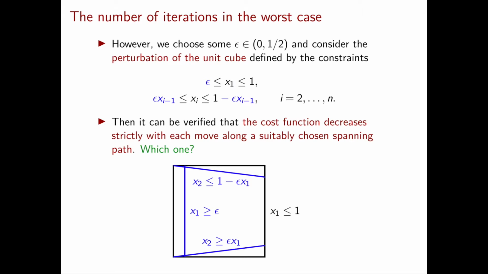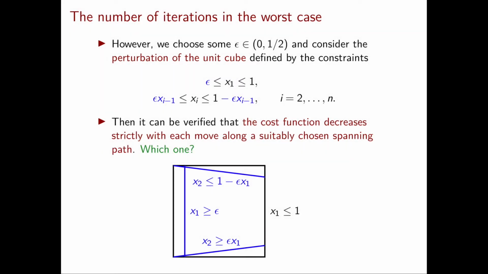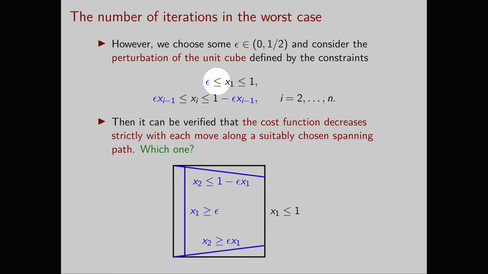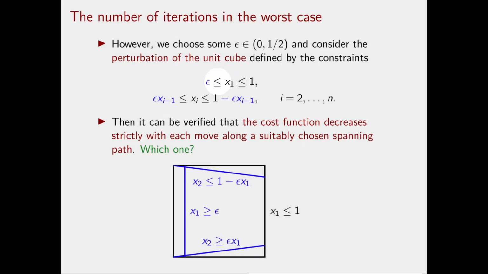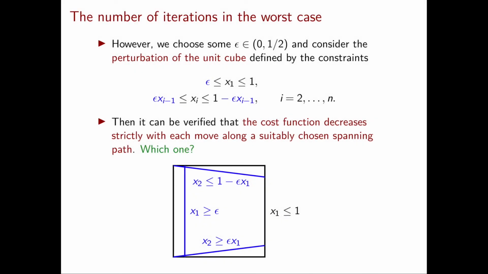One of the inequalities is easy, because it is x1 less than or equal to 1. So this is the vertical inequality over here that also used to belong to the original cube. Then we have the inequality x1 greater than or equal to epsilon. This inequality is also vertical, and it's just a translation of the old inequality x1 greater than or equal to 0. It's only moved slightly to the right.